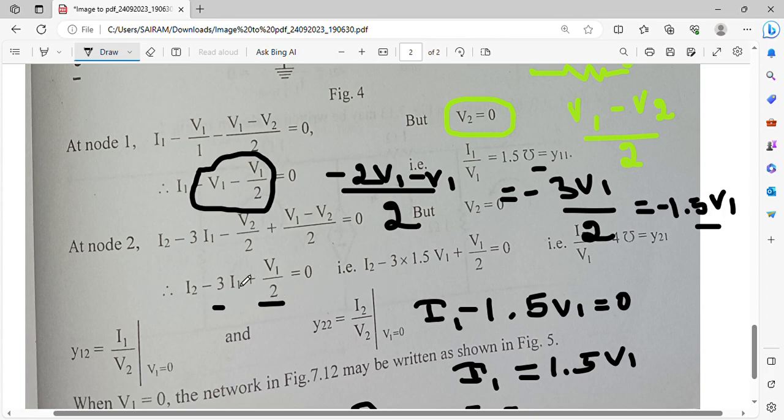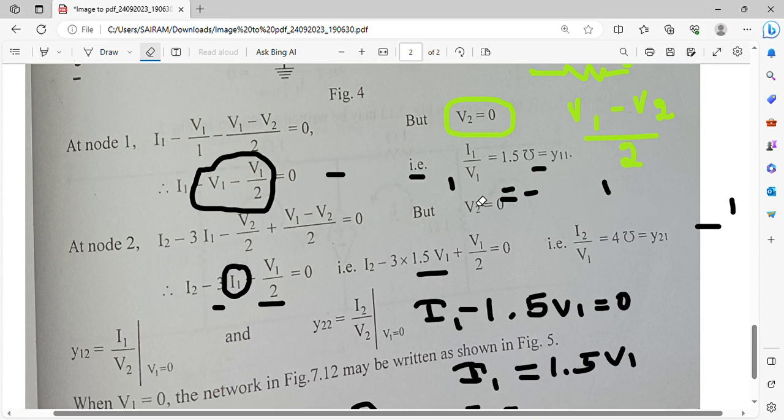Now if I substitute I1, what I have got is 1.5 V1. If I multiply 3 into 1.5, you're going to get 4.5, so you get minus 4.5 V1.